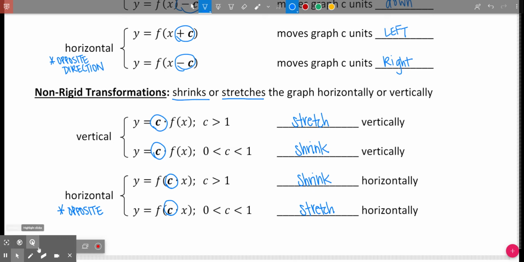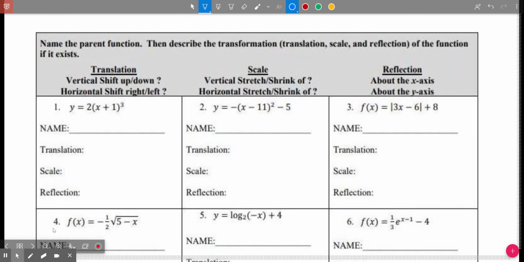So let's try a few examples. In numbers 1 through 9, you are identifying the parent function and the transformations. So in number 1, this is a cubic function. My parent function is f of x equals x cubed.